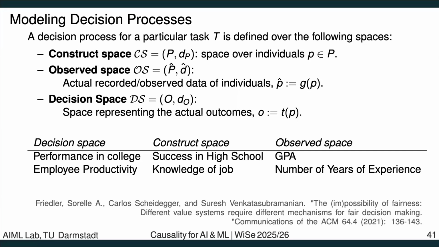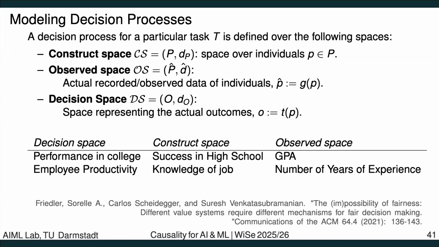And as a construct to estimate this outcome, we might want to look at success in high school, and oftentimes this is measured via the GPA or some other performance metrics or grades.